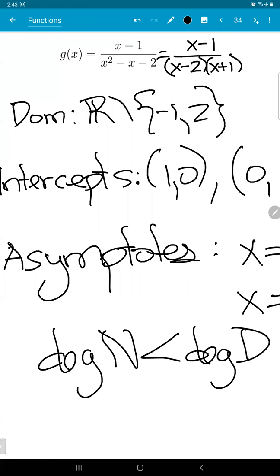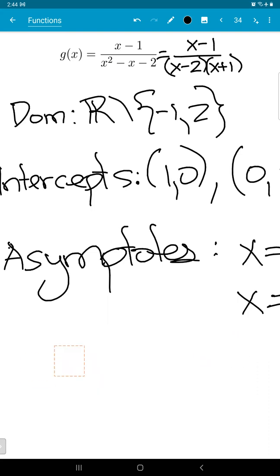And what do we do if this is the case? Anyone? Sir, since the degree of the numerator is less than the degree of the denominator, then the horizontal asymptote should be y equals 0. Correct. Yeah. Very good.